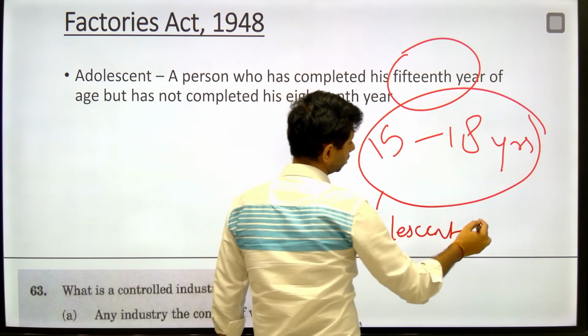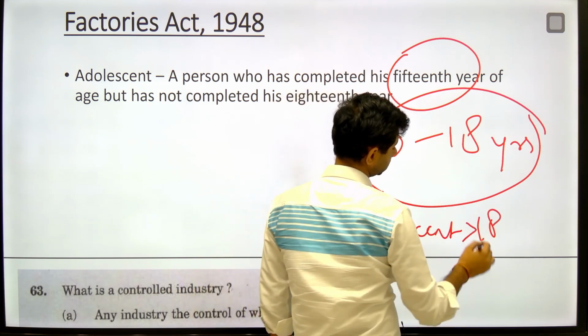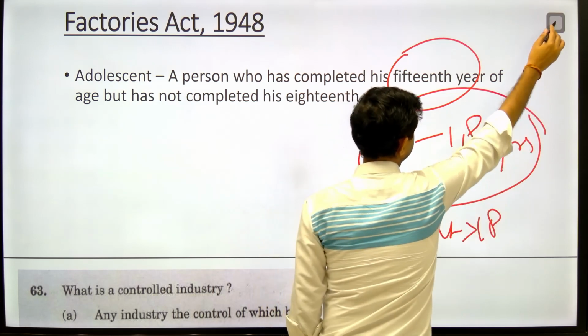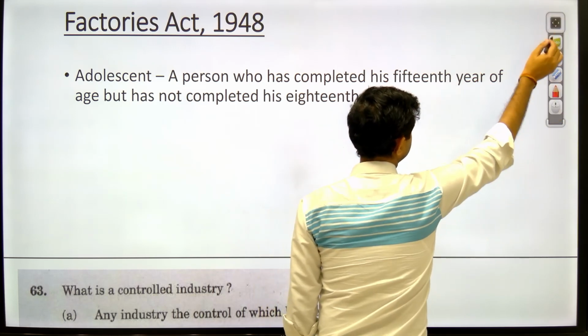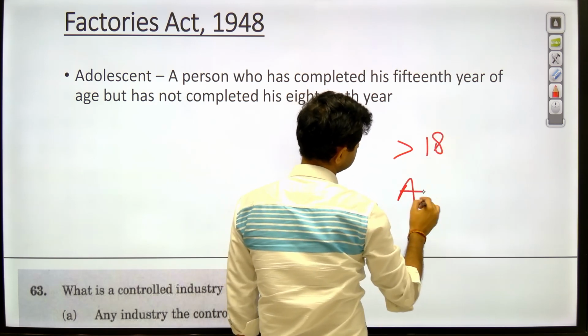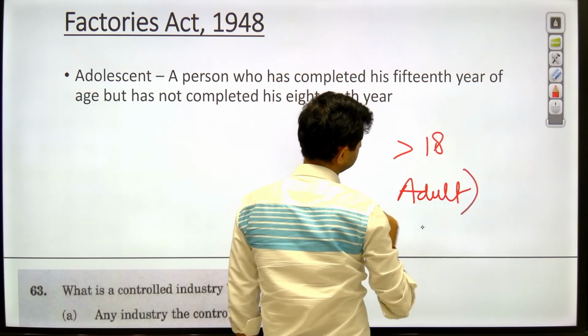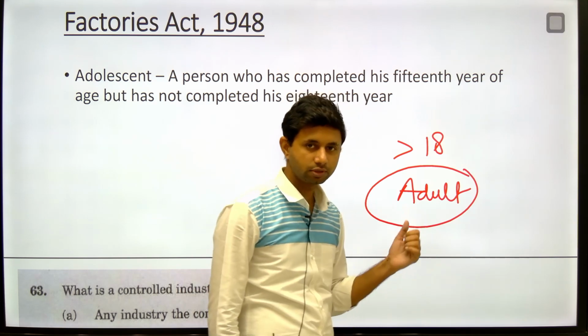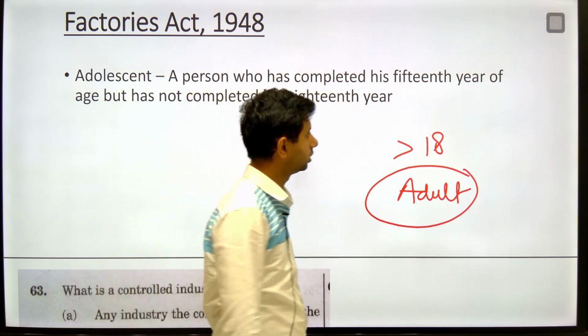And a person who has crossed 18 years, more than 18 years, is known as an adult. Okay. So these are the definitions given under the Factories Act 1948.